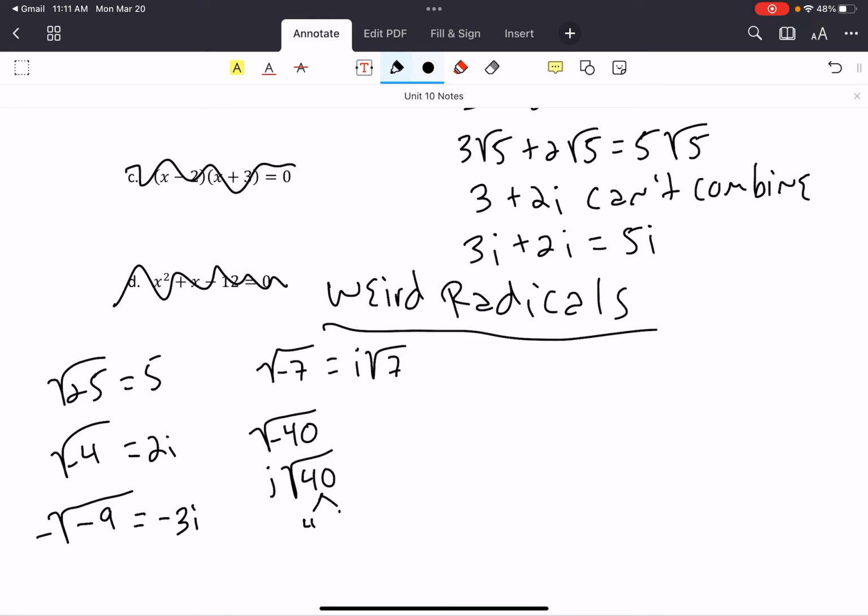So 4 and 10, 2 and 2, 2 and 5. I'm looking for pairs. Does the pair come out or stay in? Out. Good. And then do I add the leftovers or multiply the leftovers? Always multiply, because it's called a factor tree. Factors is always multiplying. So this one would be 2i square root 10.